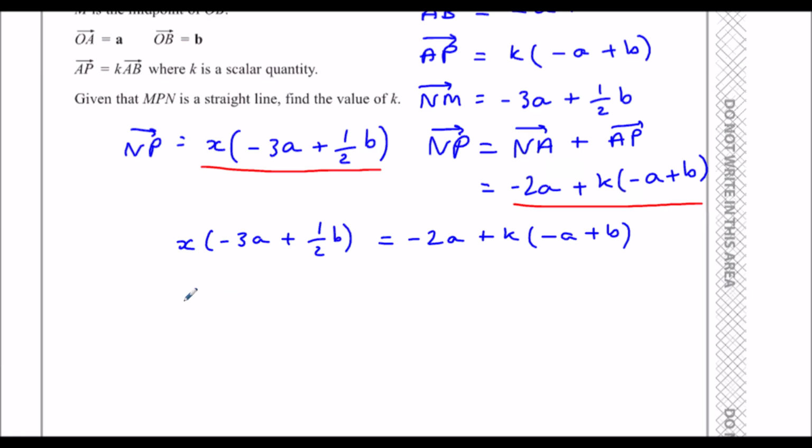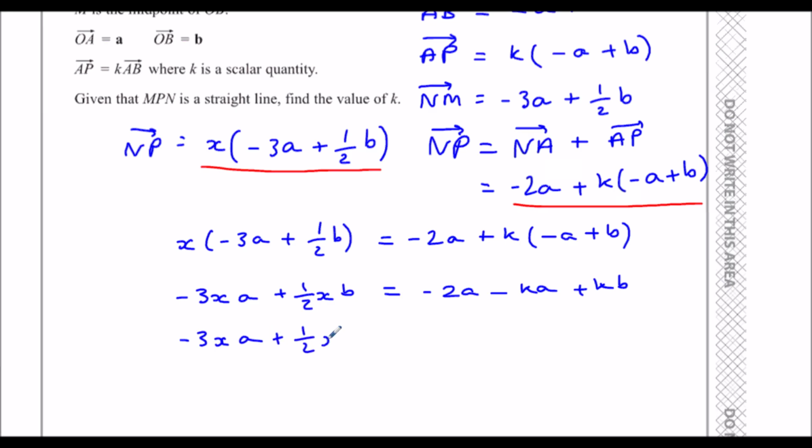I'll have minus 3x A plus half x B, and minus 2A minus kA plus kB. So I'm going to say I've got minus 2 minus k, A, plus kB.